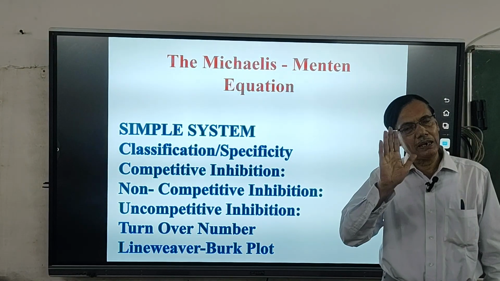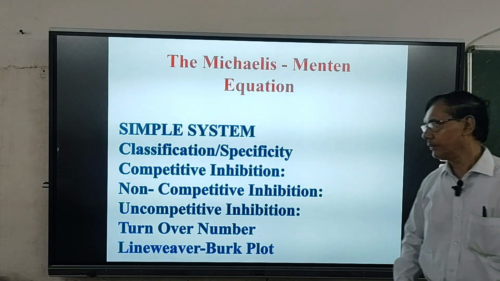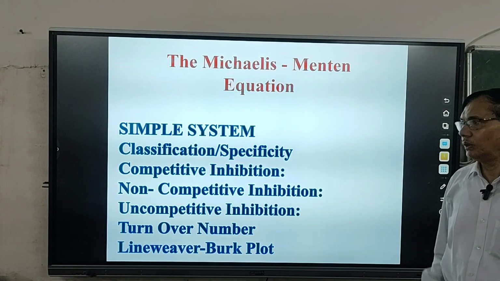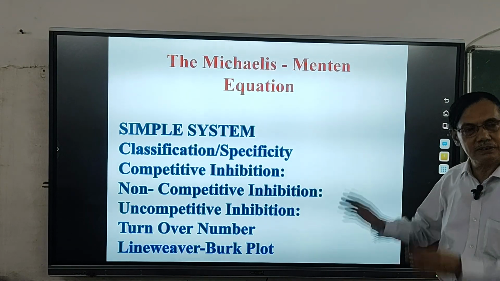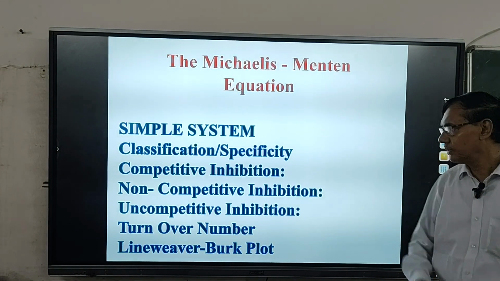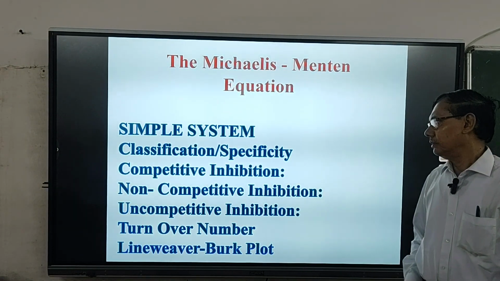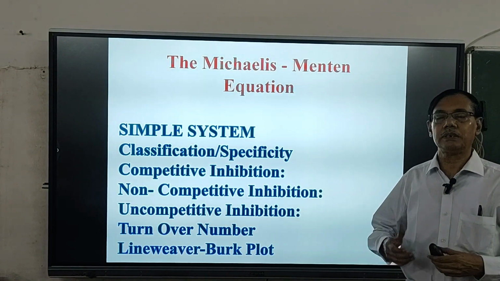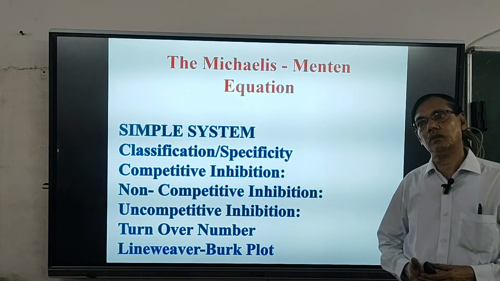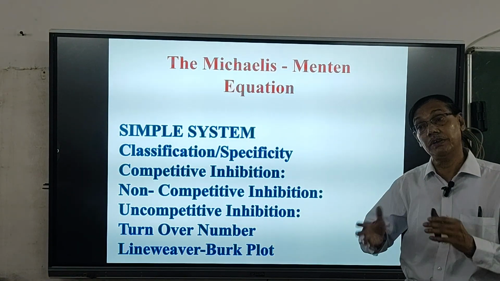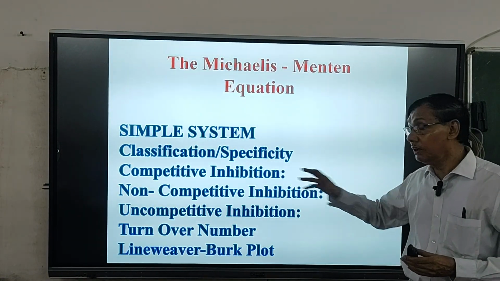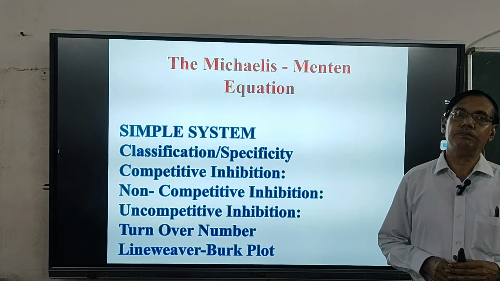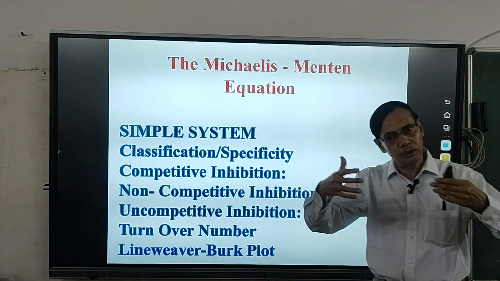On the basis of this Michaelis-Menten equation, we will derive, not in today's class, today I will discuss only one simple system, and in my next class I will discuss inhibition, because this is very important for biological reactions or biochemical transformation, cell metabolism, everything. Basically there are two types of inhibition.